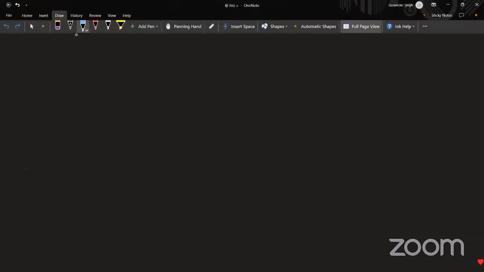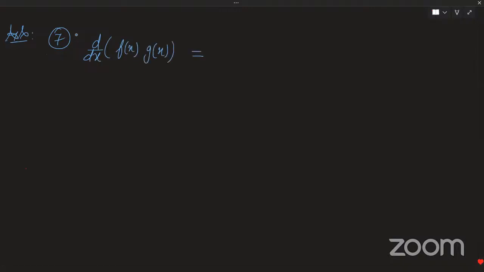Now let us look at a really important rule which we have not done earlier. It is the product rule. So for example, you have got a product of two functions. What will you do in this case?